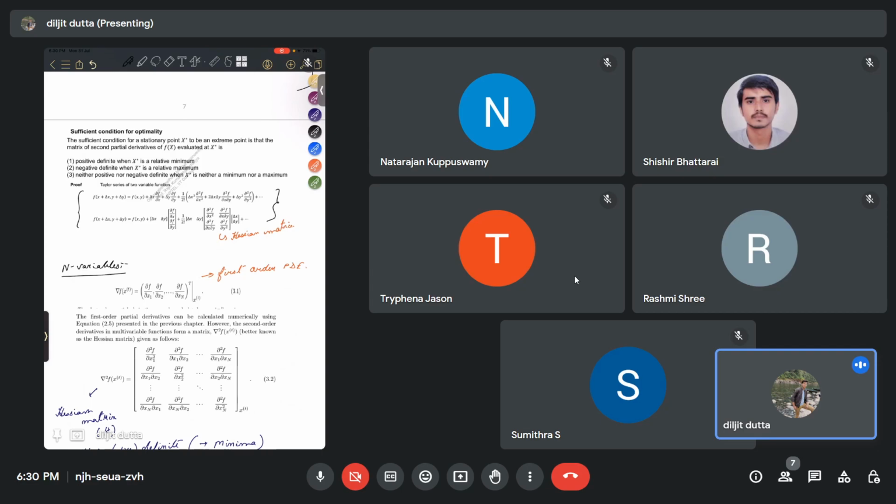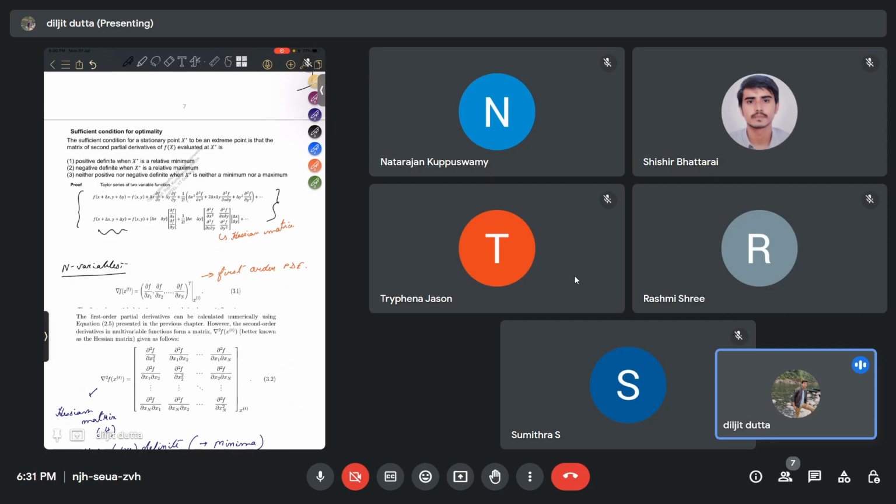Now we arrange these terms in matrix form. The left hand side is the same, and the first term will be the same. Now we take delta x and delta y common, and we write these two terms in matrix formation.